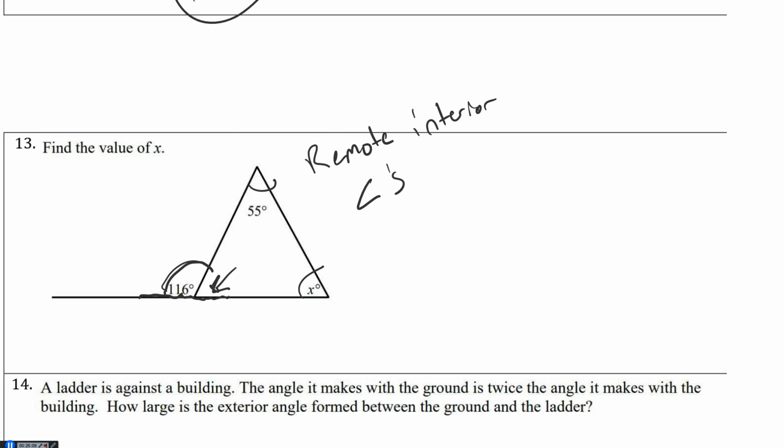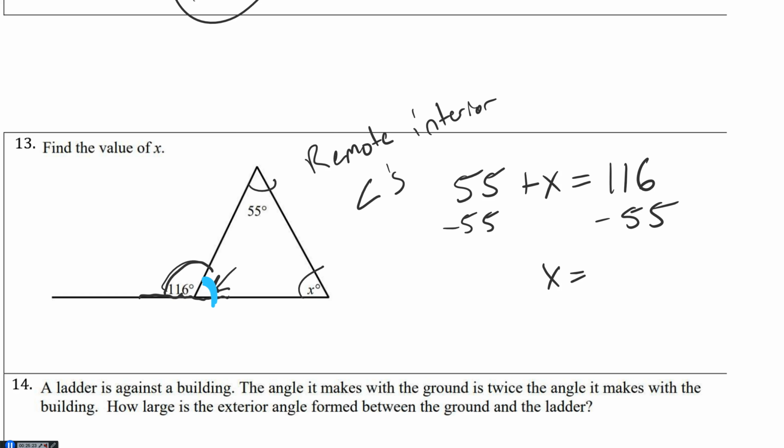So it's going to be the other two angles that aren't this blue angle right here. So 55 plus x is equal to 116. Subtract 55 on both sides, and we get x equals 61 degrees. And that's the missing angle there.